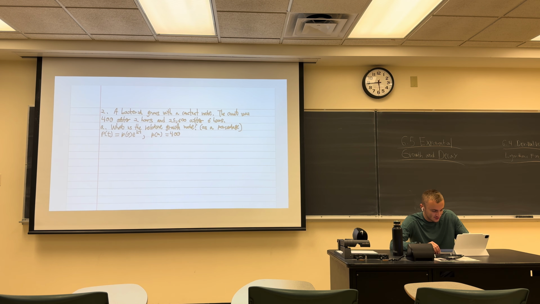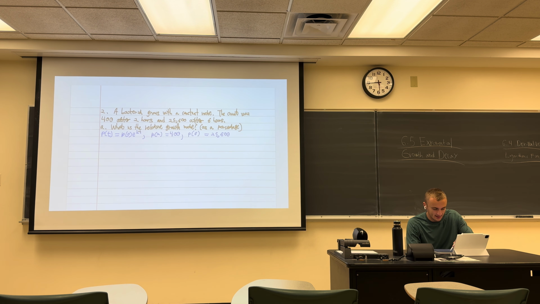So these are all the things we know just up at the top here. Actually, let's change this to the blue, so this will be representative of what we know given what the problem says. And then we know P of 6 equals 25,600. So those are the three facts we know.